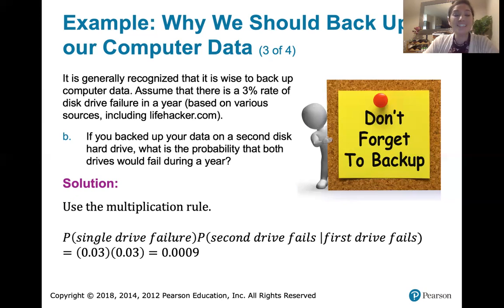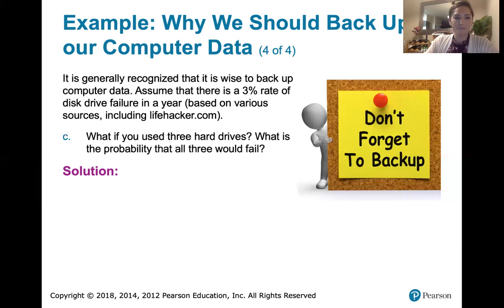That's less than 1/10 of a single percent. That's tiny. Less than 1/10 of a percent that you will lose everything on your computer. So having a single backup is great. Then you have a more than 99% chance that everything is going to work out just fine and you're going to have your data.